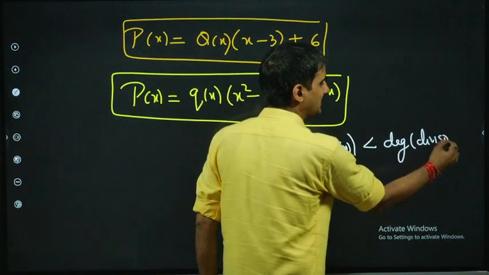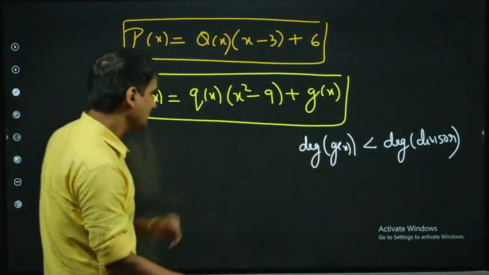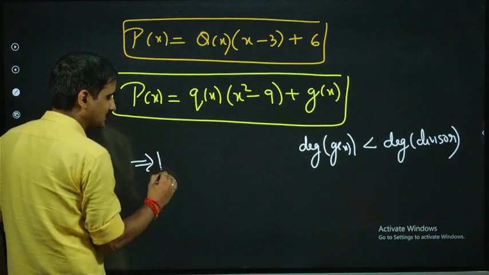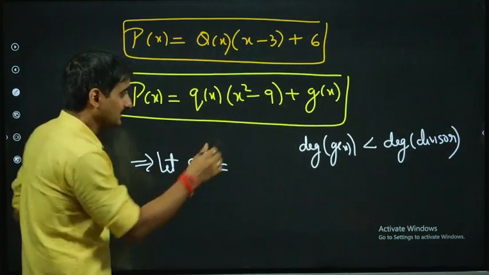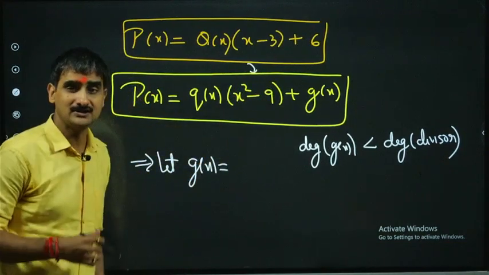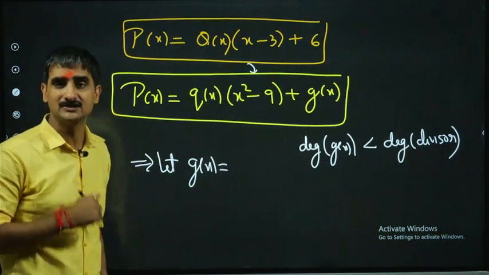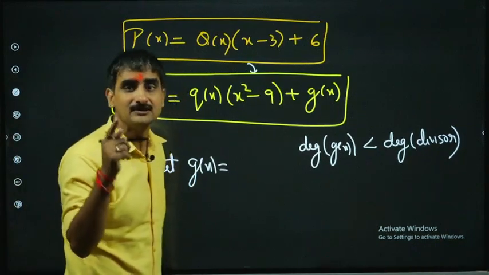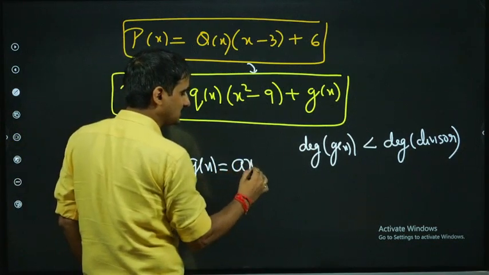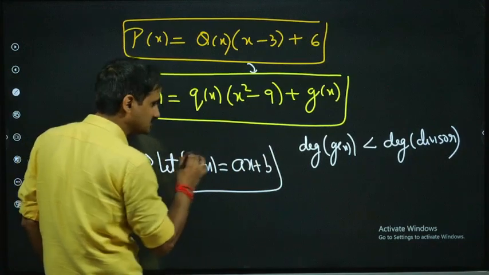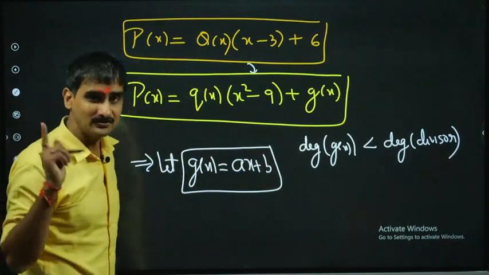I think all of you will agree, bachcho. So what can we claim here? The divisor is a second degree polynomial, hence the remainder should be a linear polynomial. So I am assuming g of x to be ax plus b. That is for sure here.